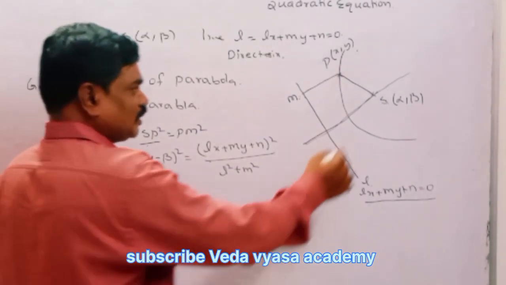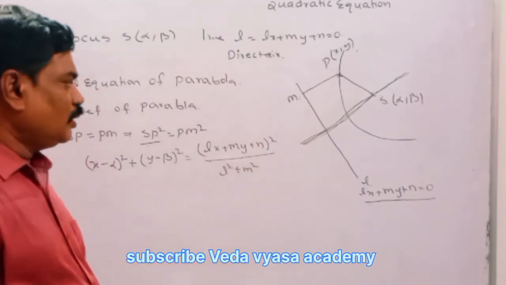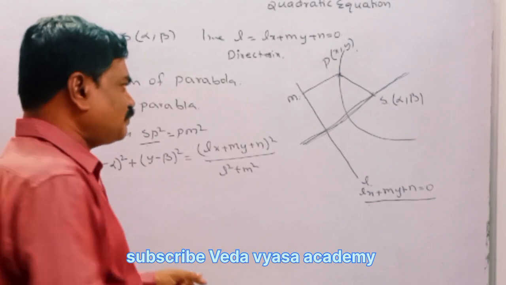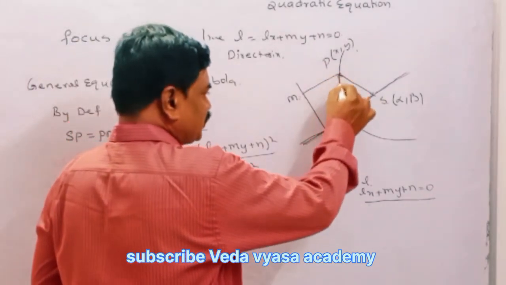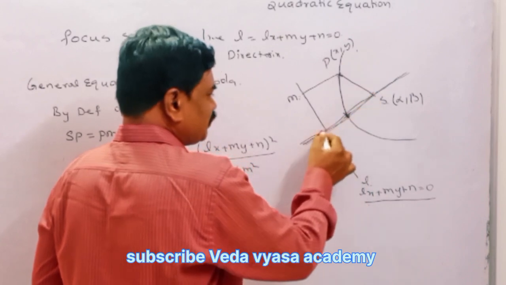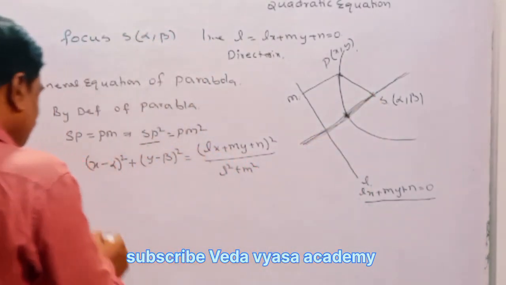And you see, this is the axis of the parabola, which is perpendicular to this line. Suppose this point lies on this axis, then what is the slope of the axis?